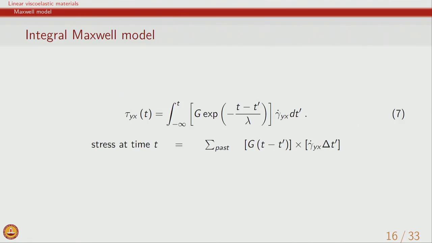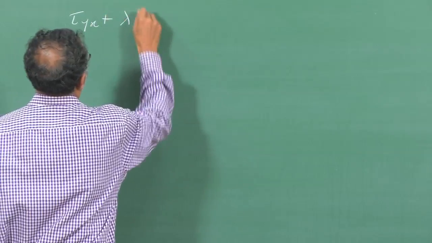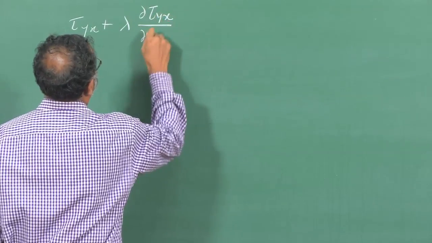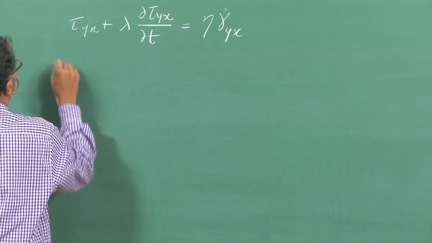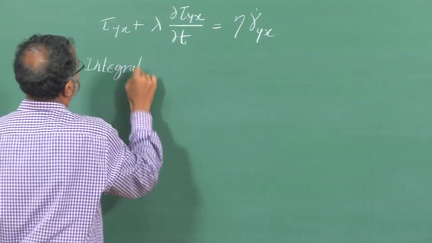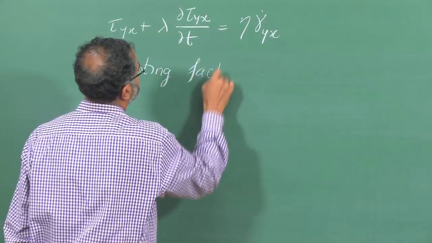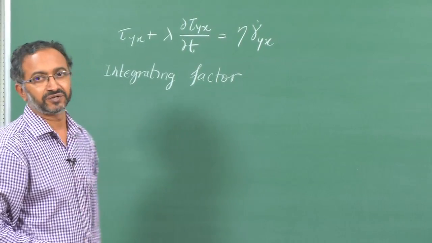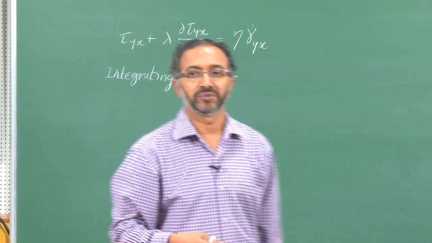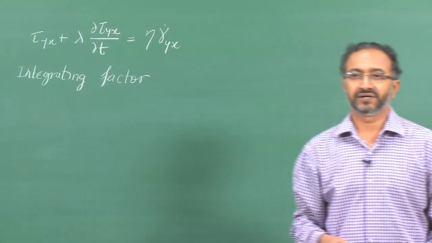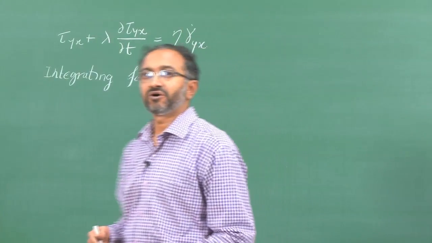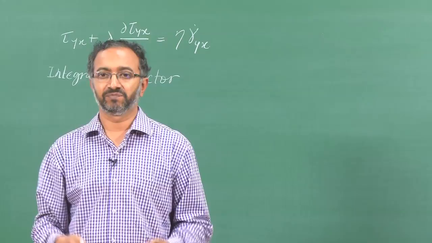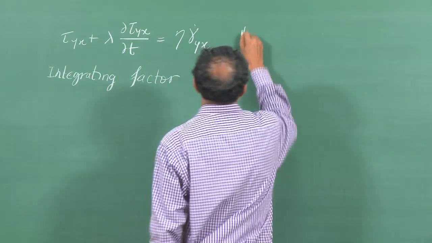Given that any differential equation, in this case Maxwell model, can be recast into the integral form, for example using integrating factor or any such method, we can simplify this, and by that we can write an integral form of Maxwell model. In fact, in general in rheological analysis, we generally talk of two types of models. One is a rate type model. So, this is an example of a rate type model.